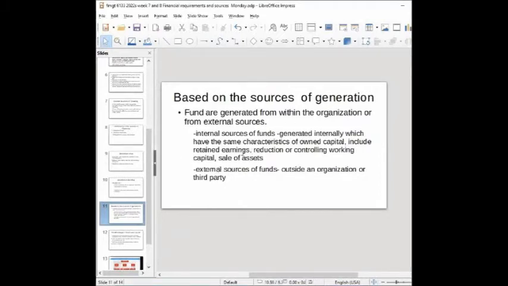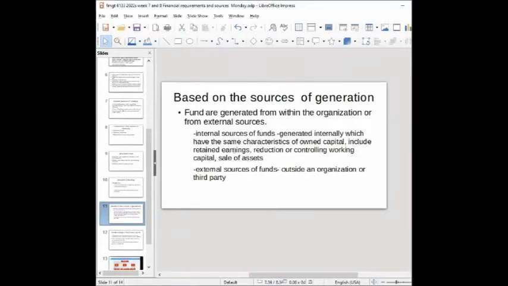So again, when it is internal sources of funds, that means the funds are generated internally, which have the same characteristics of own capital that we have mentioned for sole proprietorship and partnership. And this includes the retained earnings, and with this, there is a reduction or control in working capital or sales of assets.